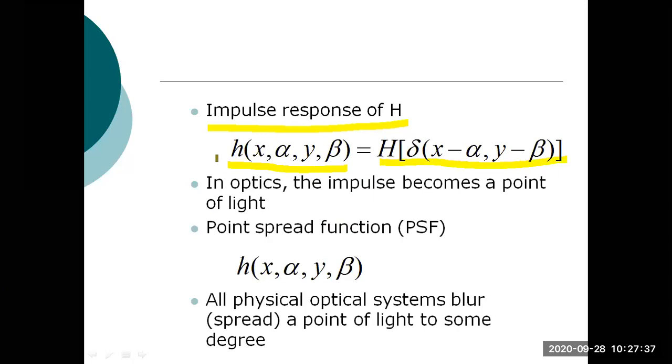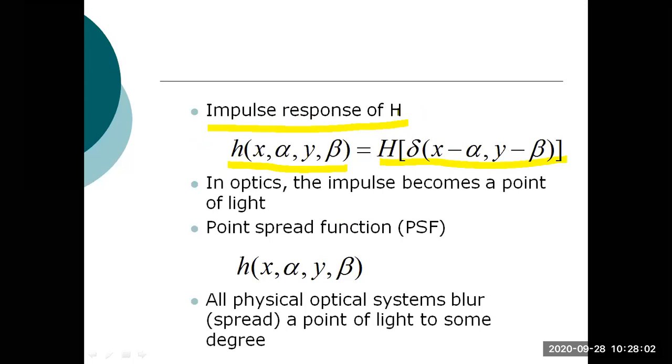So the impulse response of capital H is given by small h of x comma alpha comma y comma beta, which is spatial, and capital H of delta of x minus alpha comma y minus beta. This term is called the impulse response of H.